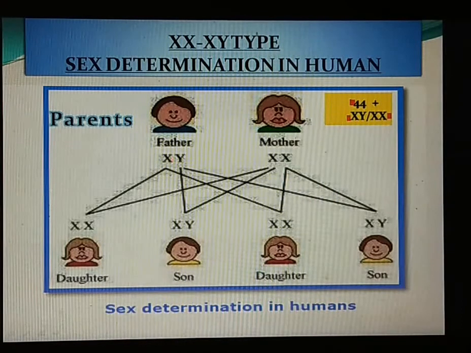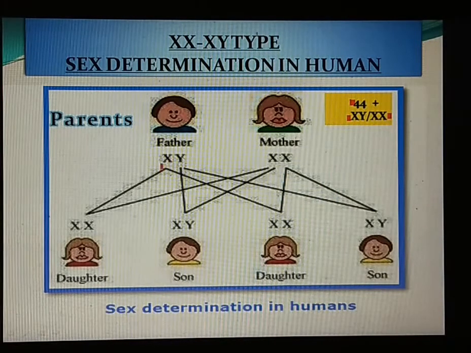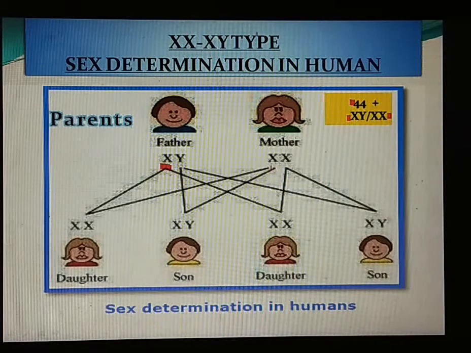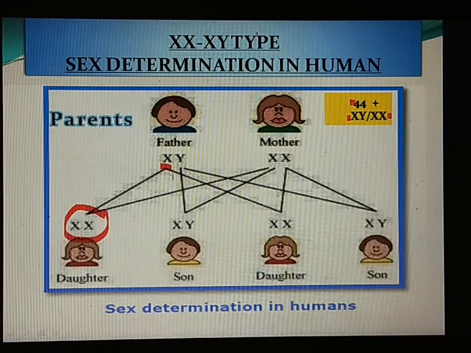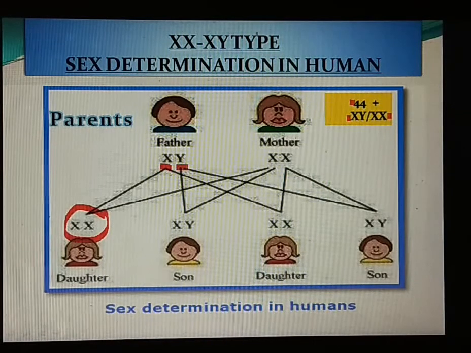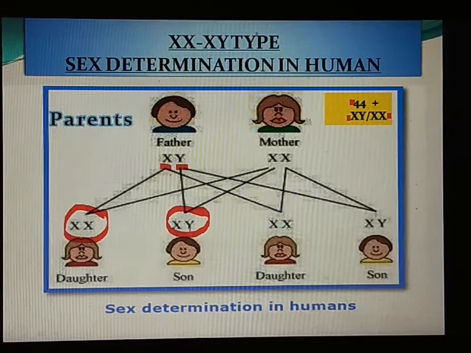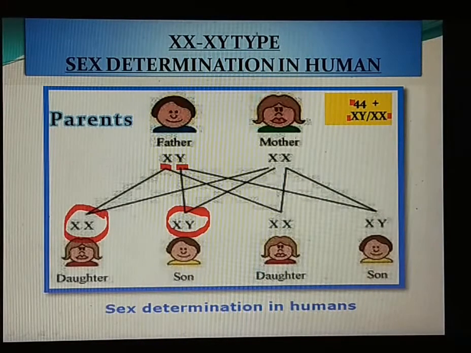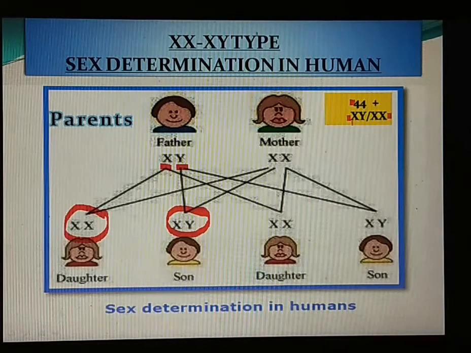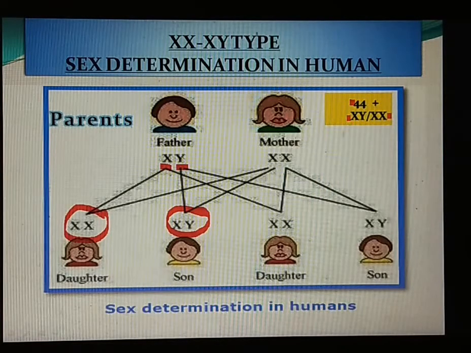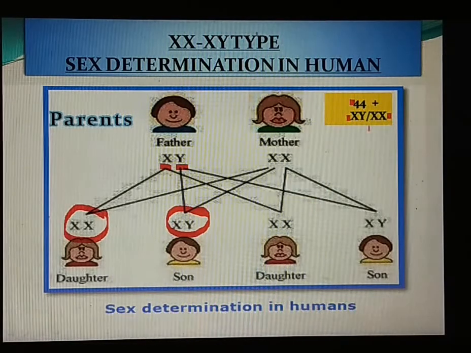So when the sperm with the X chromosome fuses with the egg, it will produce a female, and when the sperm having the Y chromosome fuses with the egg, it will produce a male, right? So we know that 50% of sperms will carry the X chromosome and 50% of sperms will carry the Y chromosome.